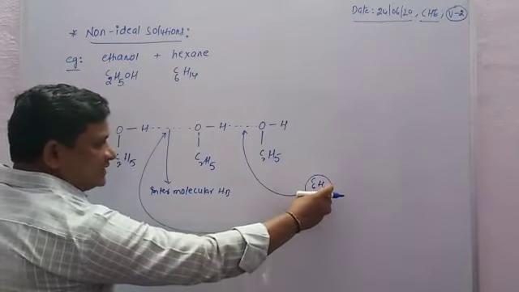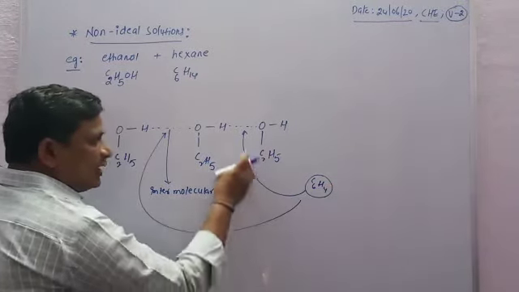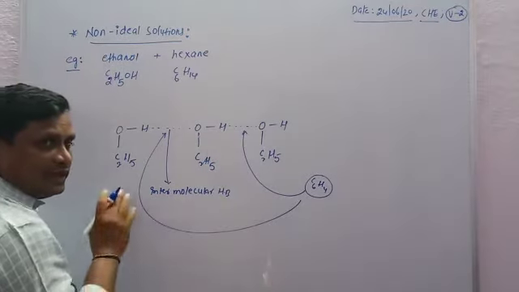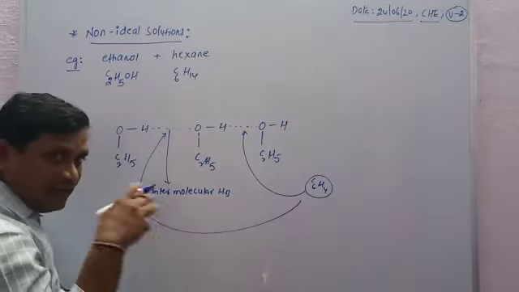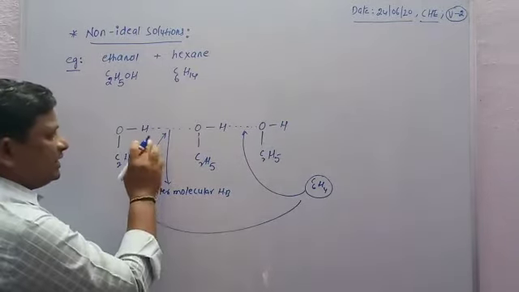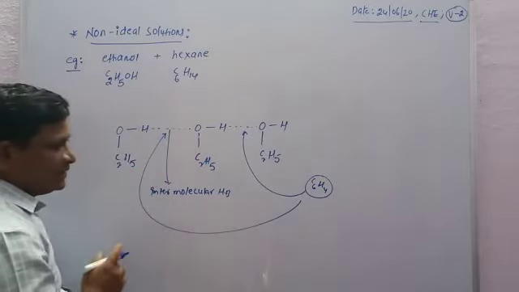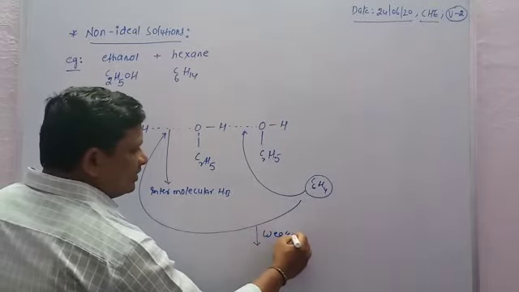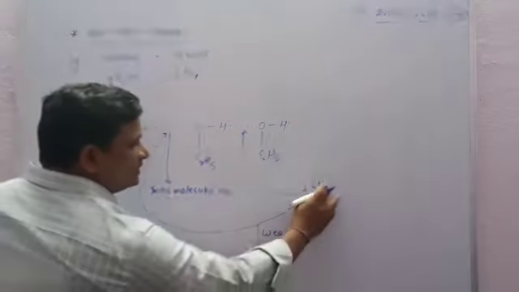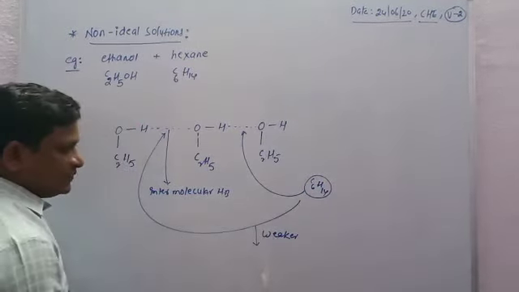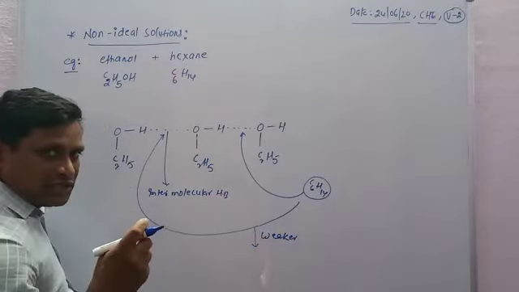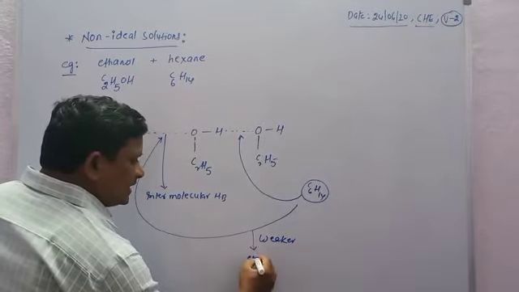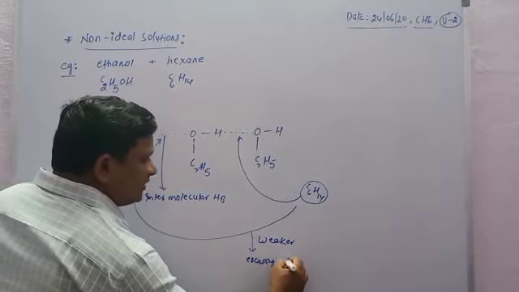So if the hexane molecules occupy space between ethyl alcohol molecules, then the interactions between ethyl molecules are reduced. The interactions are weaker. If the interactions are weaker, the escaping tendency increases.